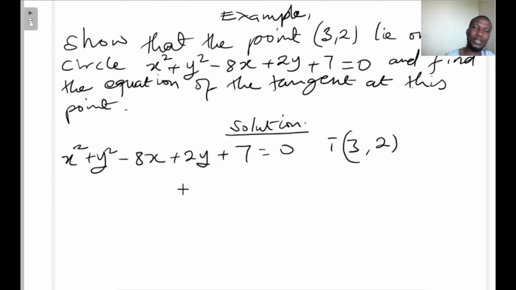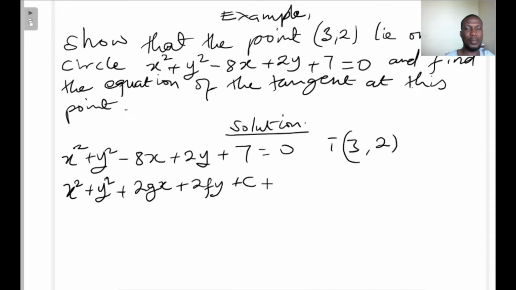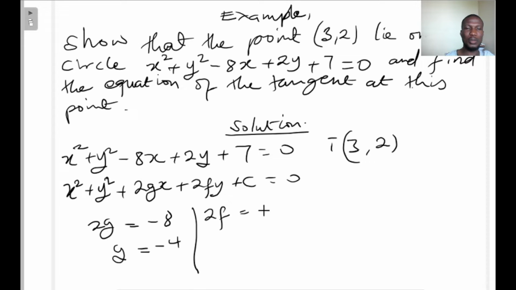And let's go quickly to find the center of the circle by comparing with the general equation of a circle. So by comparing, 2g will be equal to negative 8. Dividing both sides by 2, g will be equal to negative 4. And then 2f will be equal to 2.